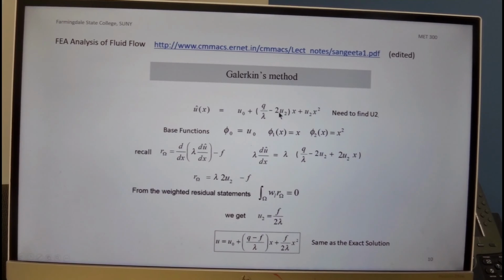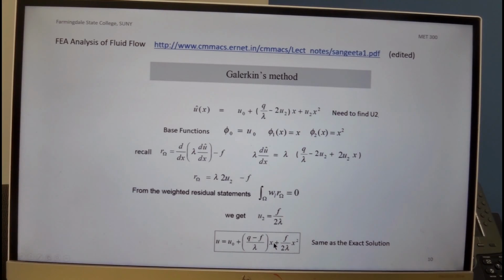We use the other boundary condition by taking the derivative of the approximation and using the relationship that we had earlier, and we can find the other unknown, which is u2, and substituting u2 into the equation, we find the very same equation as we find in the exact solution.